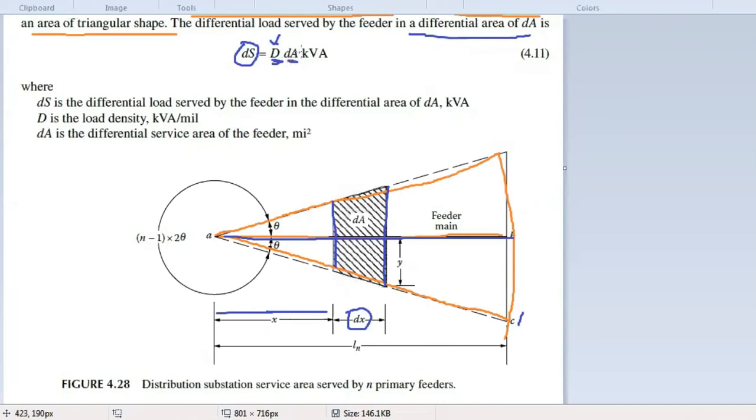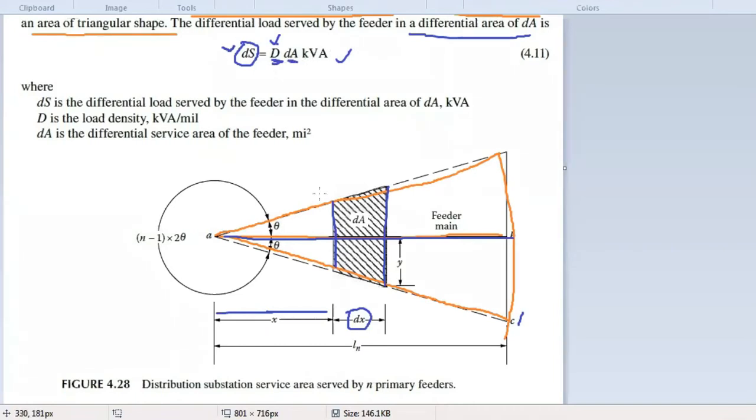Now if you multiply these two, you will automatically get the kVA. The area is in kilometer square and the load density is in kVA per kilometer square, so the kilometer square cancels and you get the result in kVA.